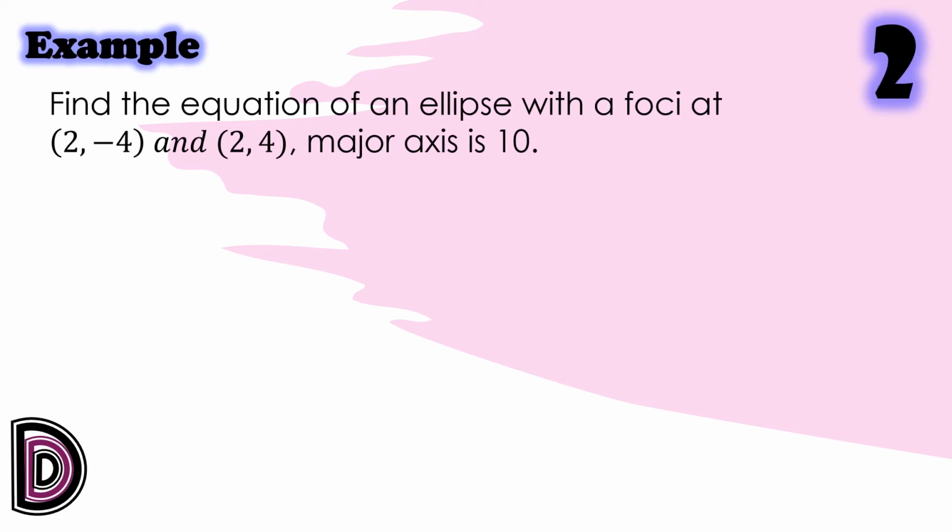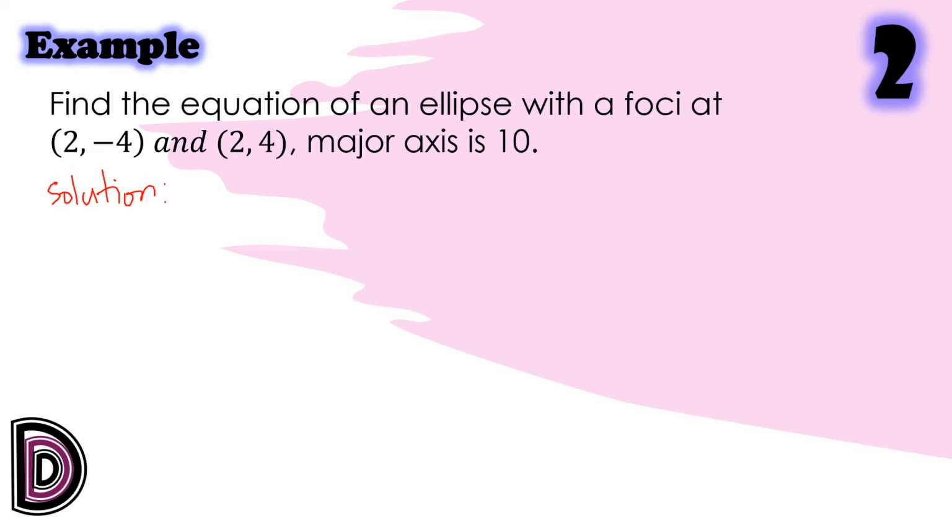Example number 2. Find the equation of an ellipse with foci at (2, −4) and (2, 4). Major axis is 10. Let us have our solution. This time we have an ellipse with foci at (2, −4) and (2, 4).